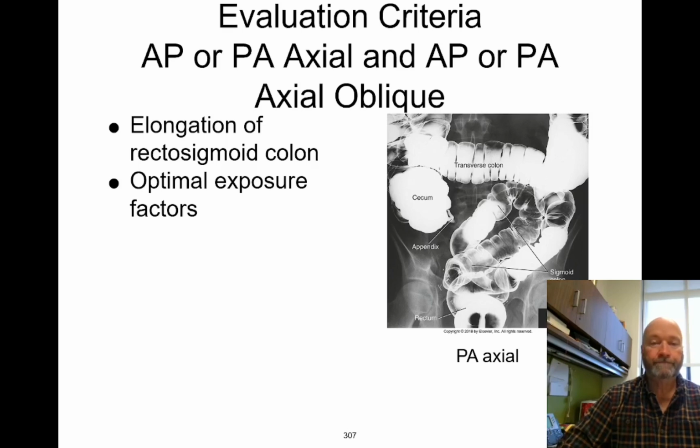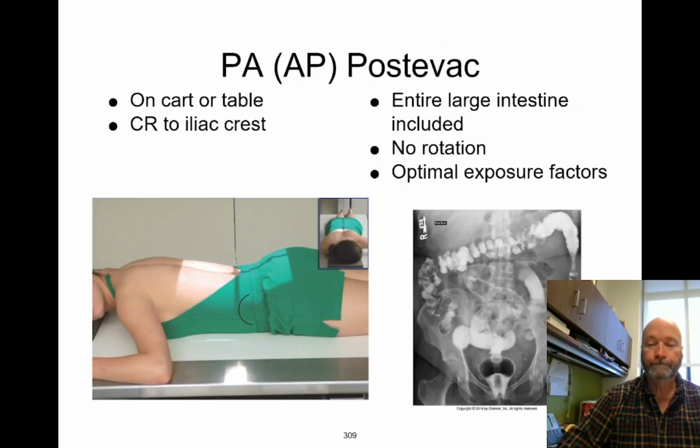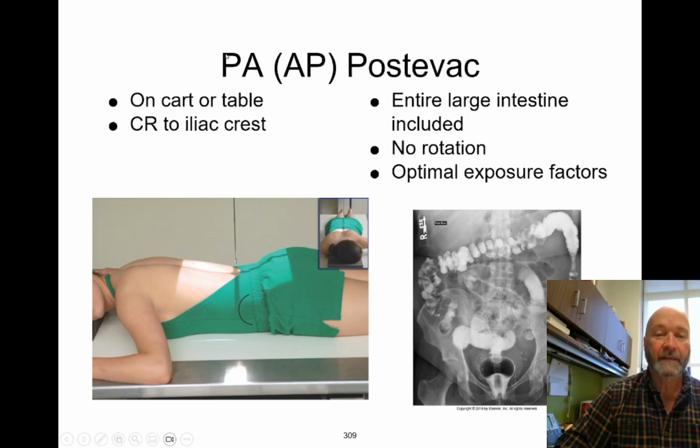So just gonna kind of go through these. That's your PA axial. There is your PA post-evac. Your post-evac, I've also never had a radiologist be specific that they wanted a PA post-evac.